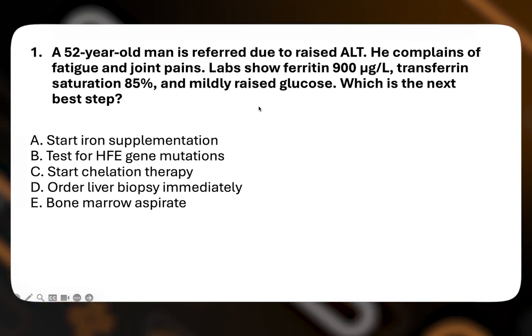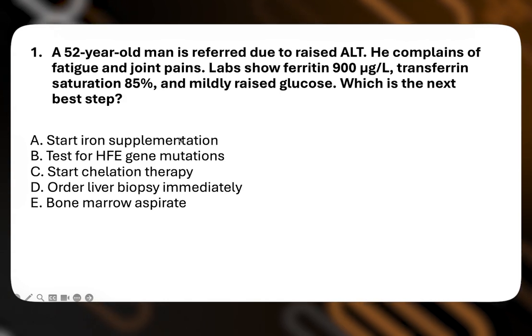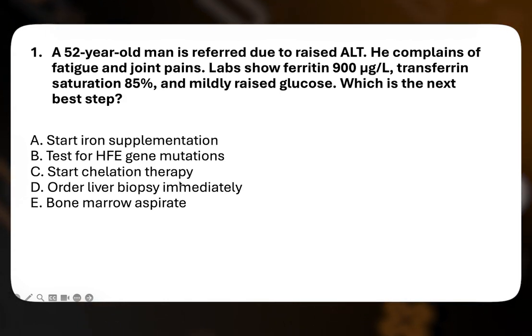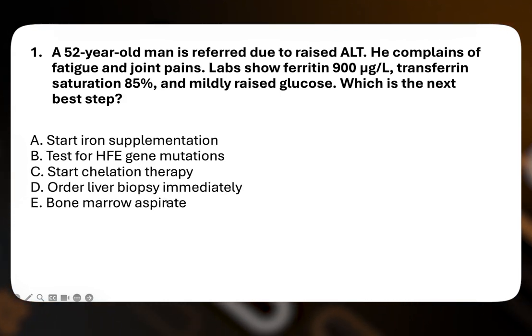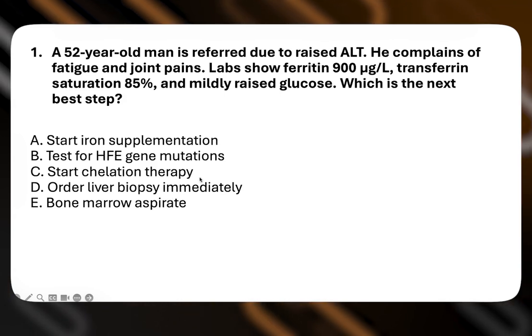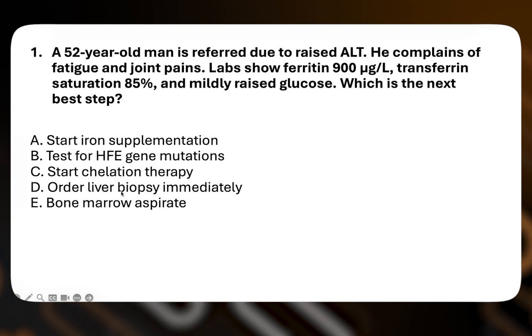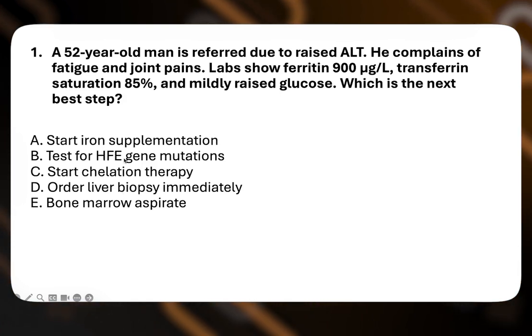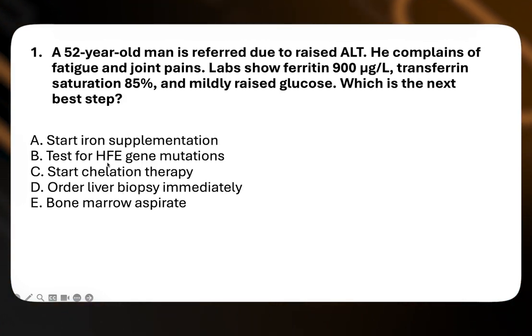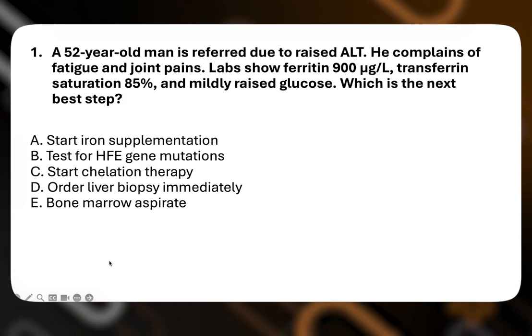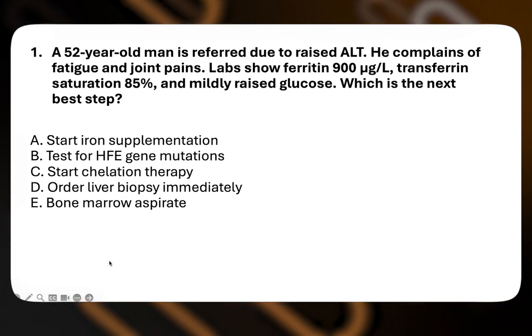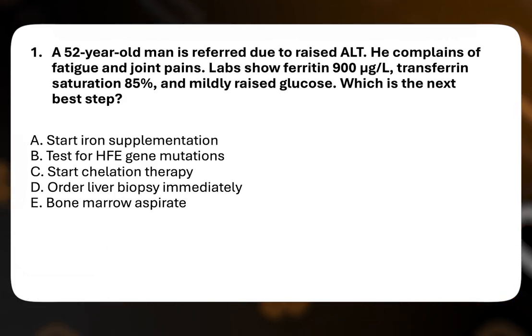You mostly suspected it, all the things are there. Chelation therapy will not be started, because if the diagnosis is HH, then you have to start phlebotomy. Liver biopsy is there, so it is a confusion here. You can go for liver biopsy and also for HFE gene mutation. But the most diagnostic will be HFE gene mutation here. That is the next step. All right.